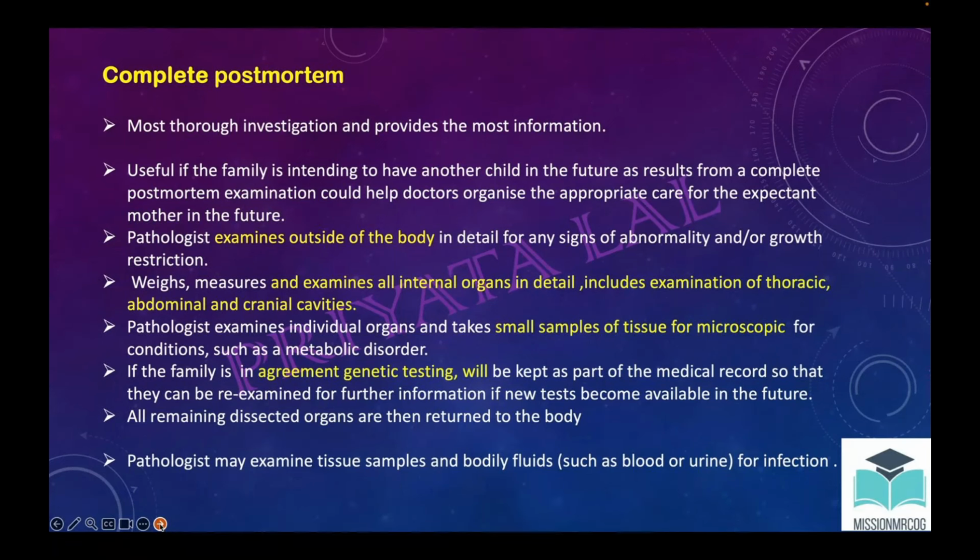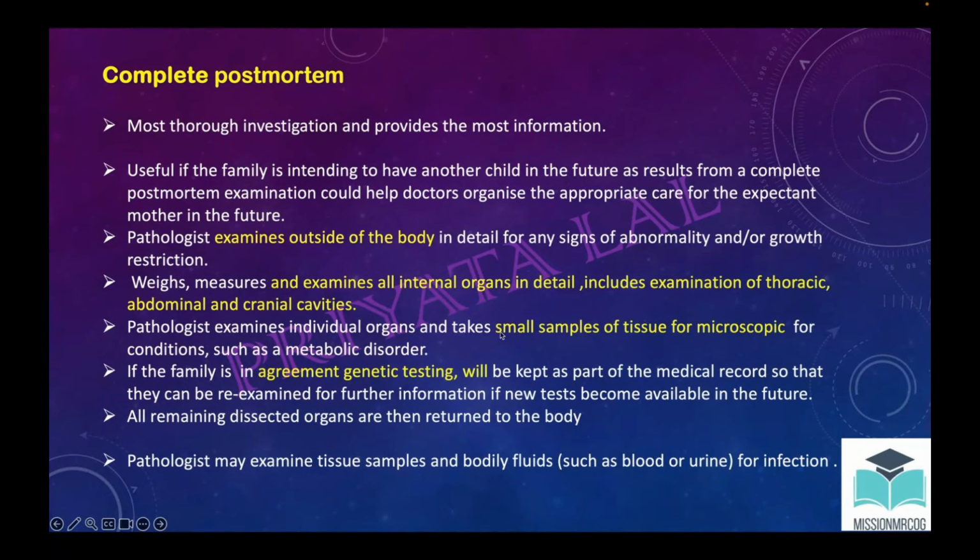The complete post-mortem is the most thorough investigation and it provides the most valuable information. This would be necessary for parents if they want to plan a baby in the future. In this, the complete external examination of the baby would be done. Then internal examination of all internal organs, including thorax, abdomen, and cranial cavities, is done.